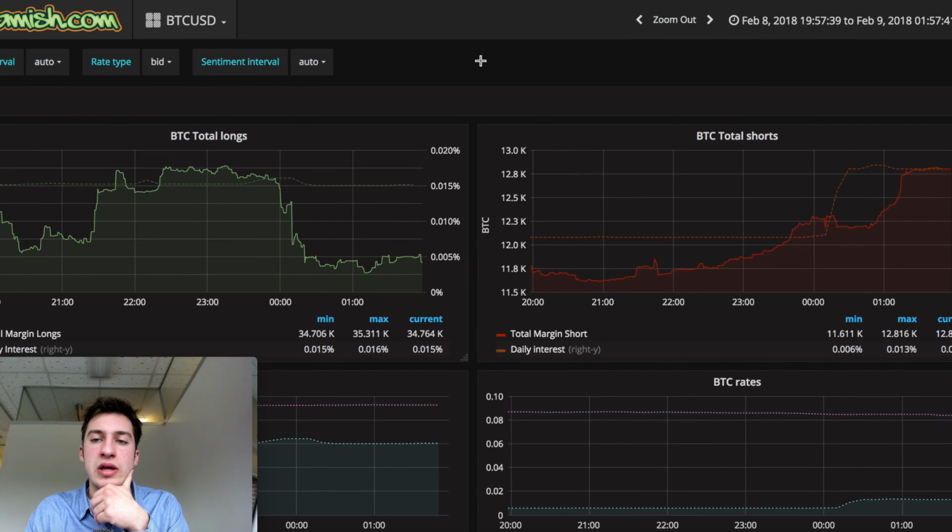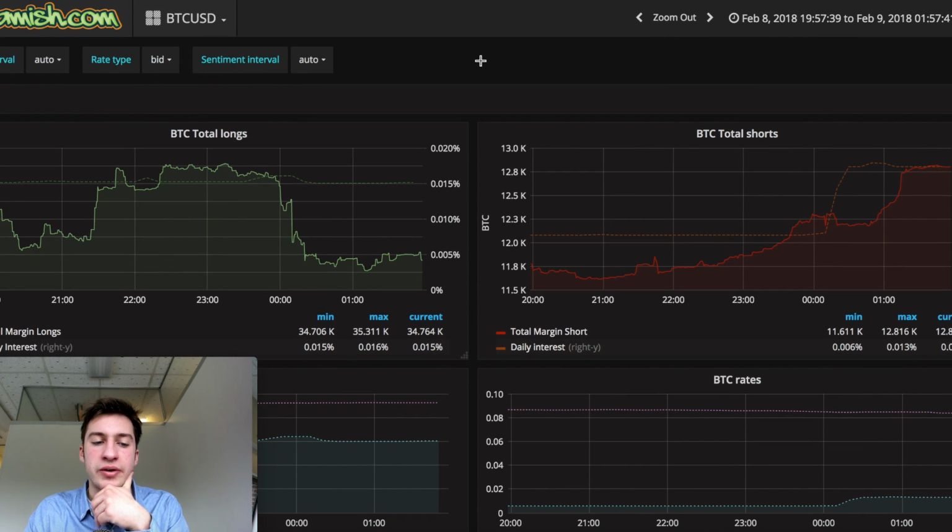So if you want an easy, quick takeaway from bids and asks here, remember, a quick jump in the bid for shorts, for BTC or ETH or whatever, typically indicates a large amount of panic in the market and a large amount of people who are shorting right now or really want to short. Typically that means market bottom.